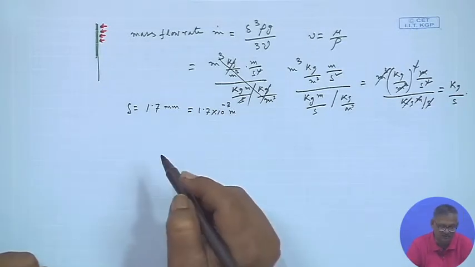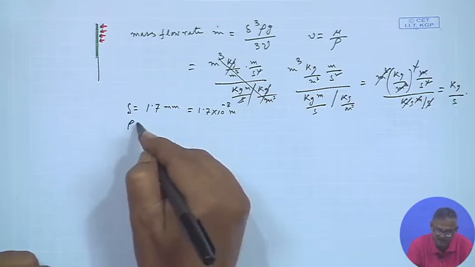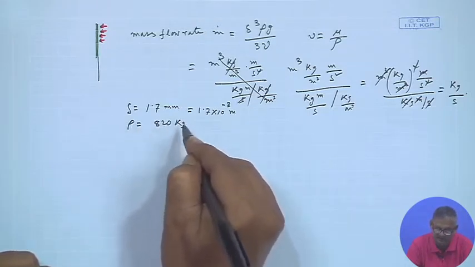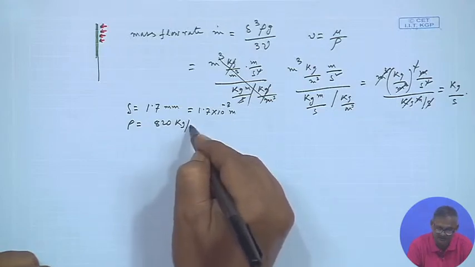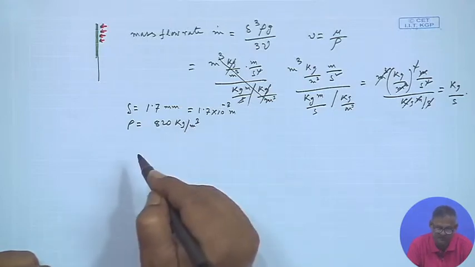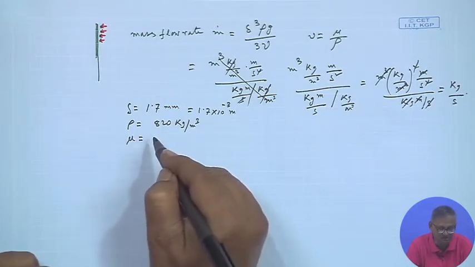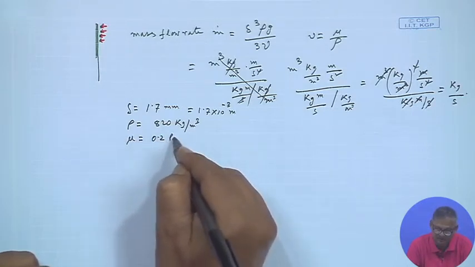We are also given density rho as 820 kg per meter cube, and viscosity mu equal to 0.2 Pascal second.